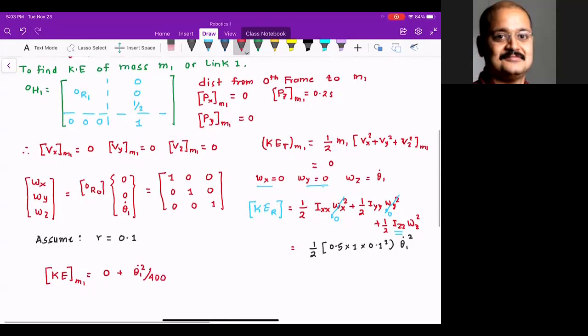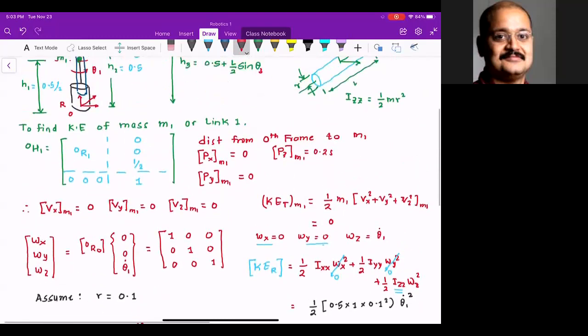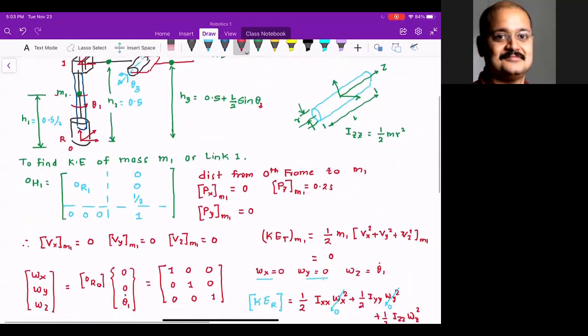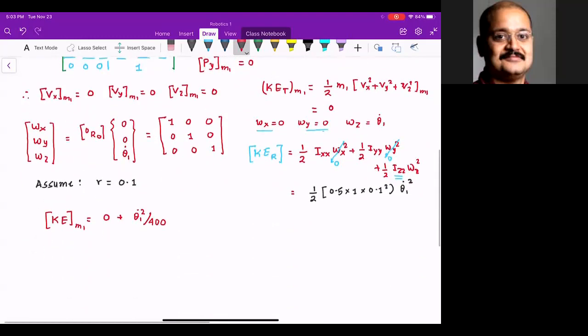Next, I'm going to repeat the same process for mass M2, to find the kinetic energy for mass M2 and link 2.